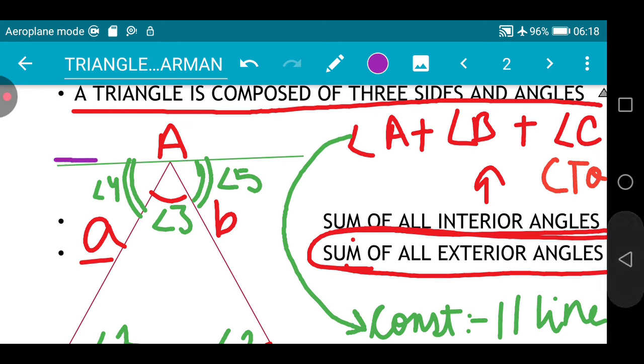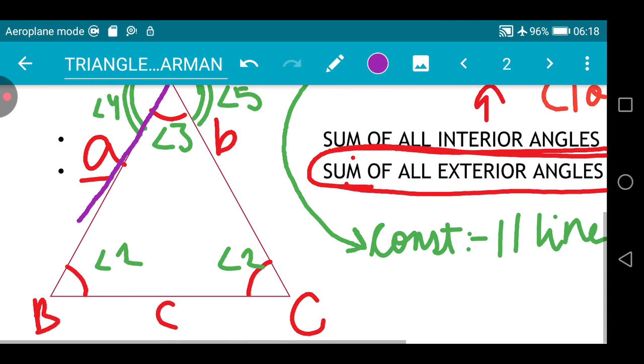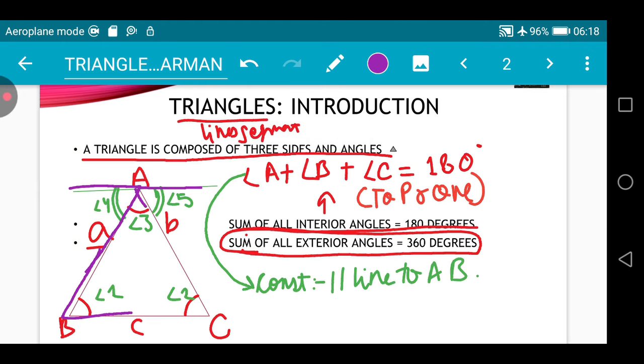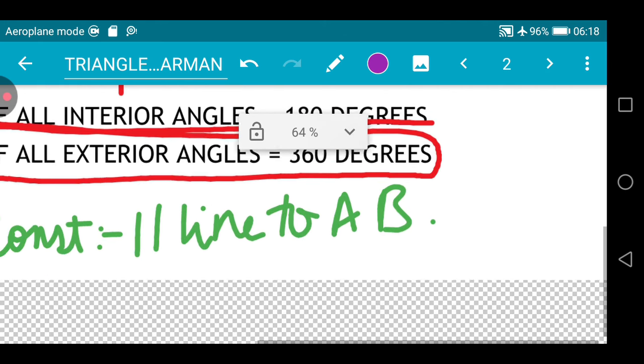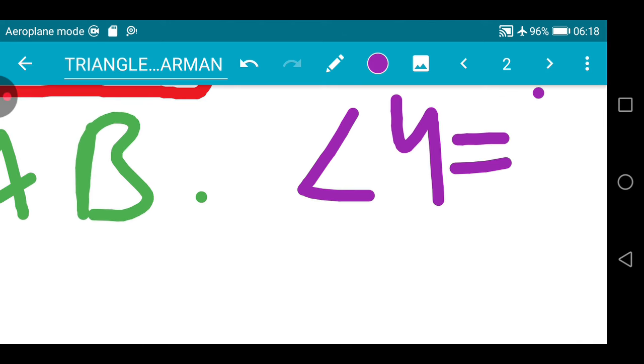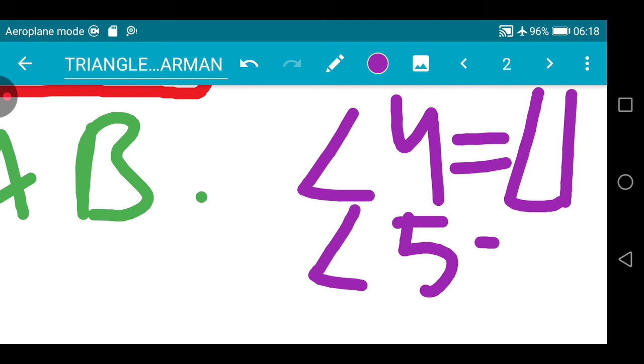This is forming a Z angle, and since the line is parallel, this will also be a Z angle, which are alternate angles. So we can say angle 4 equals angle 1 and angle 5 equals angle 2. Why? These are alternate angles.